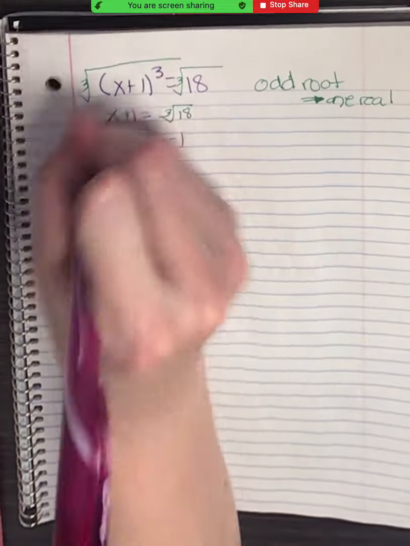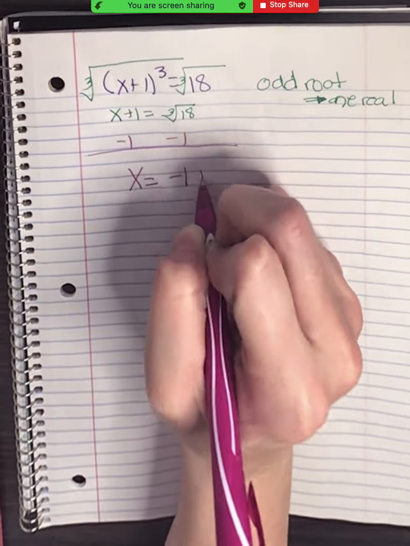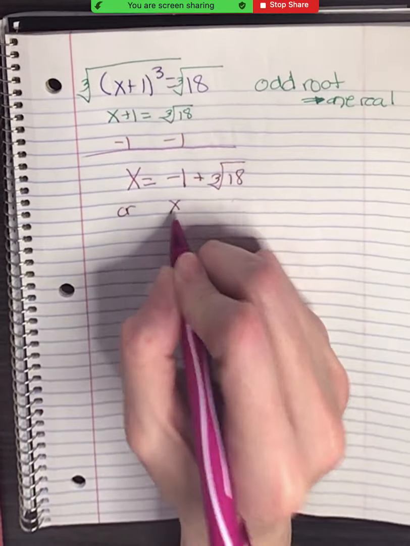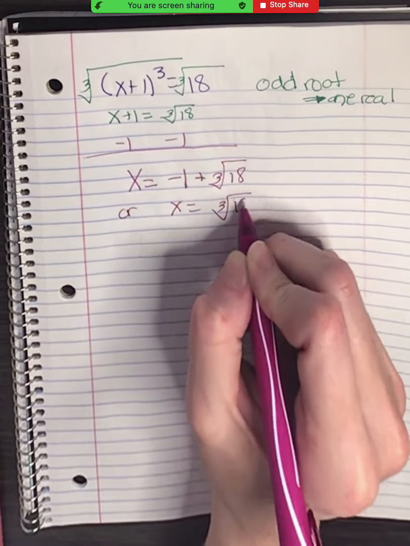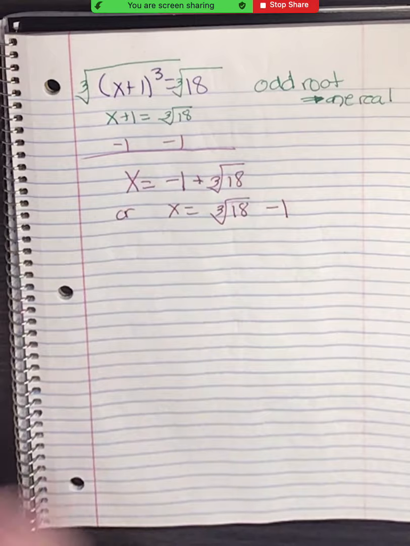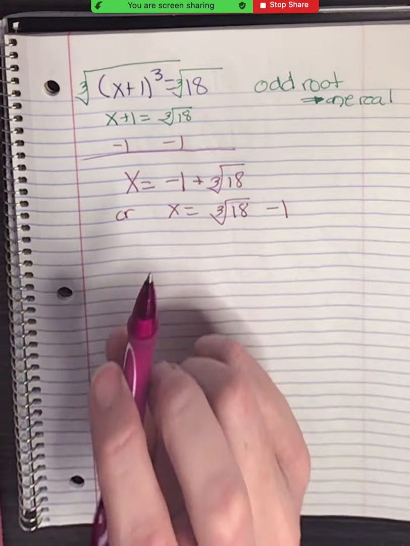And then get x by itself, subtract 1 from both sides. So you can write that as x equals negative 1 plus the 3rd root of 18, or the 3rd root of 18 minus 1. They mean the same thing, okay? So you can simplify these if they're perfect roots or factors are perfect roots.